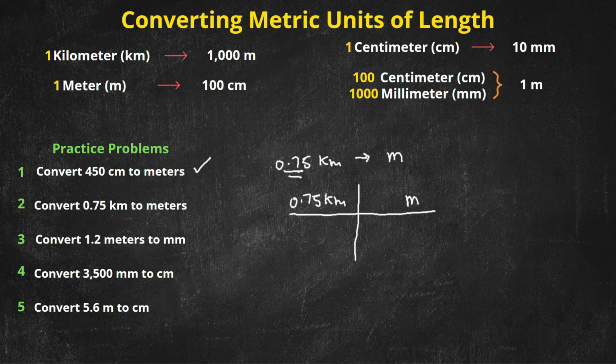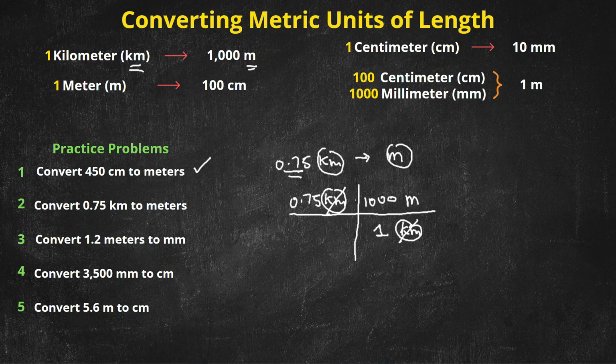Now we want to cancel this unit. How can we cancel this unit? Well, we're dealing with kilometers and meters. So knowing these metric units, we can solve this problem. So kilometers and meters. Now you know that 1000 meters will give you 1 kilometer. You want to cancel this unit out. So this unit now is cancelled.